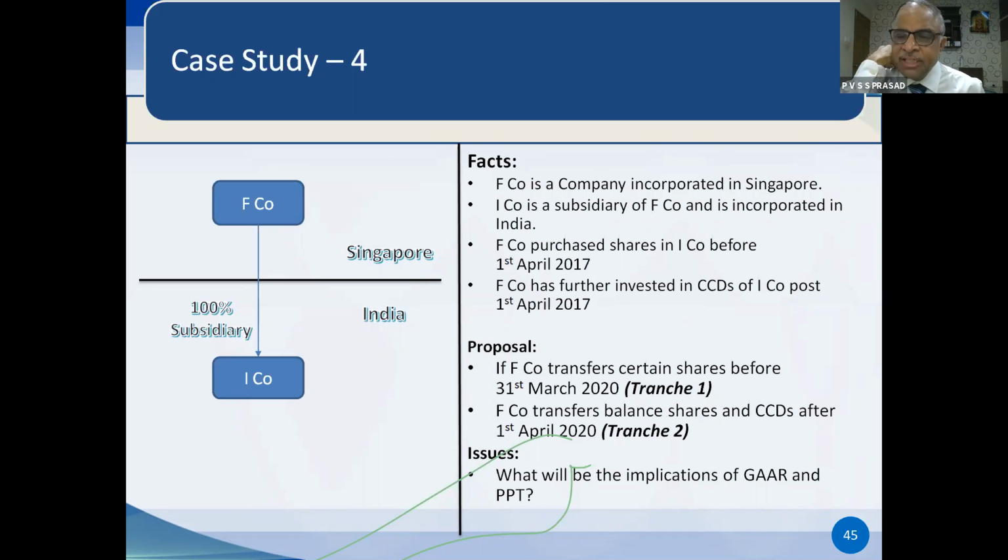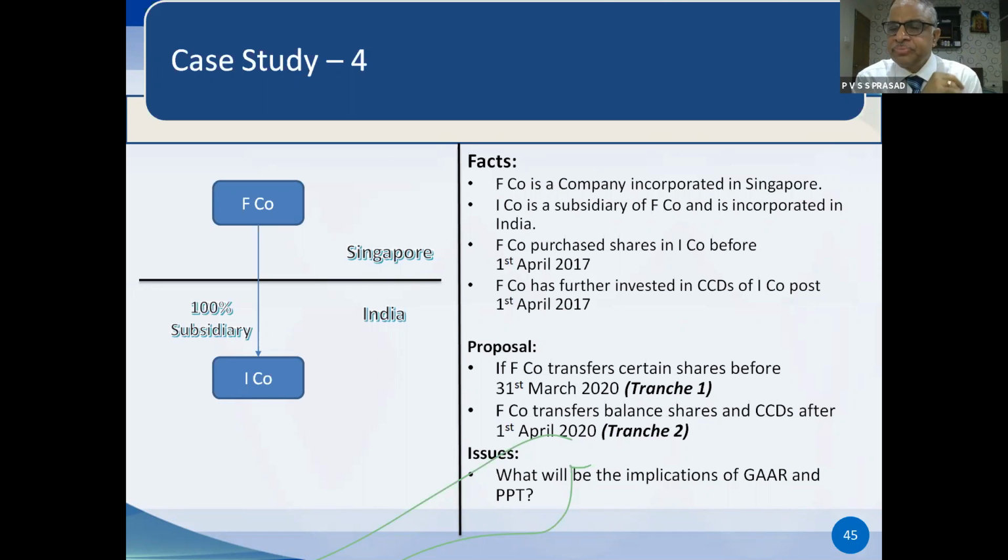Because this is a well-deliberated modification done in 2016, and both treaty partners have signed the MLI having this in mind.